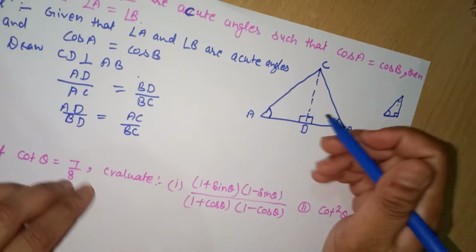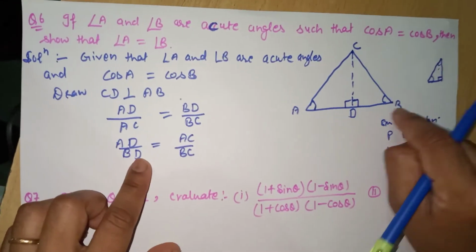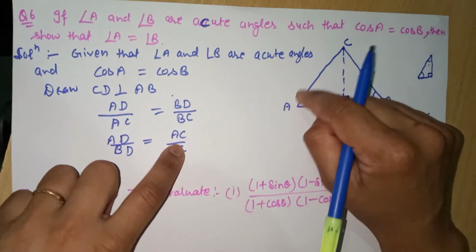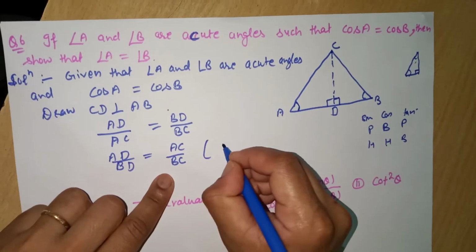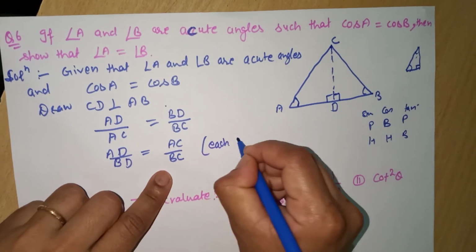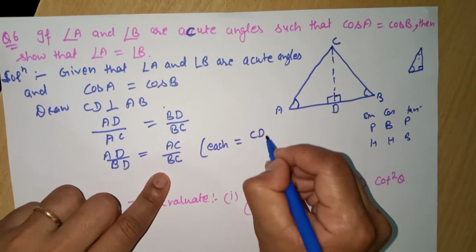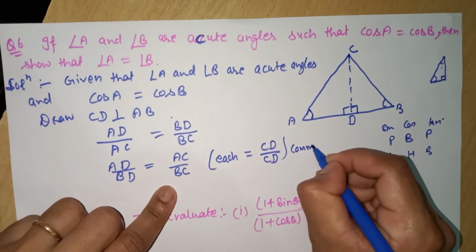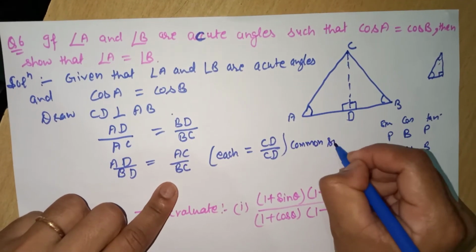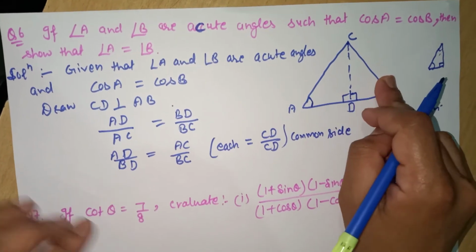So what will we see? AD upon BD is equal to AC upon BC, and this is also equal to CD upon CD because CD is a common side in both the triangles.